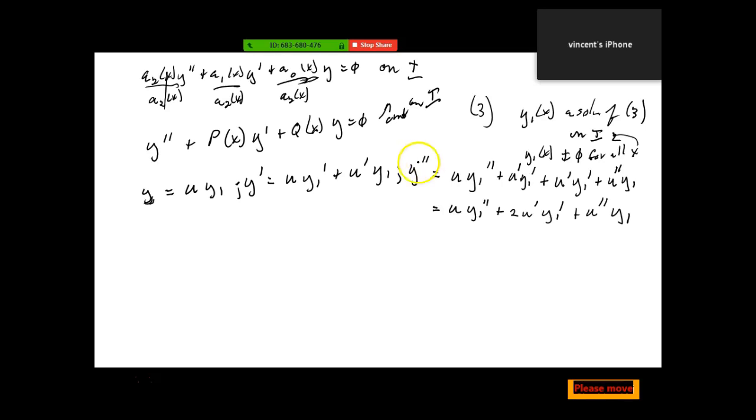So we're going to take this one and plug it in here. So this is going to be u y1 double prime plus 2u prime y1 prime plus u double prime y1. That's the y double prime term right here.